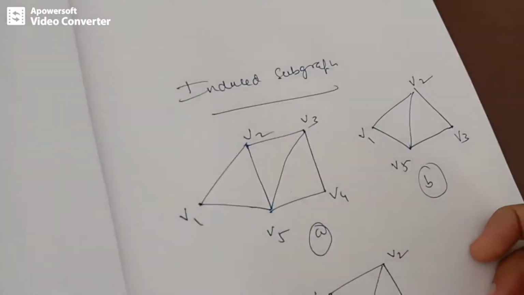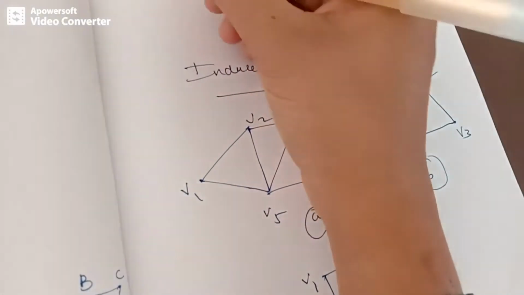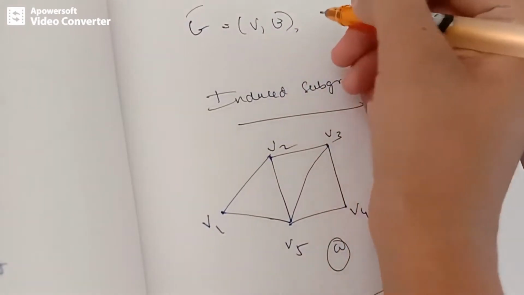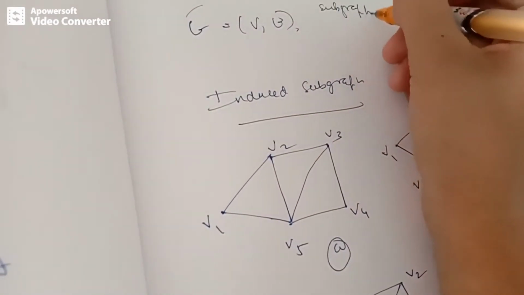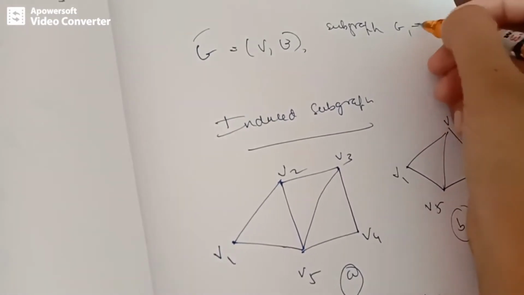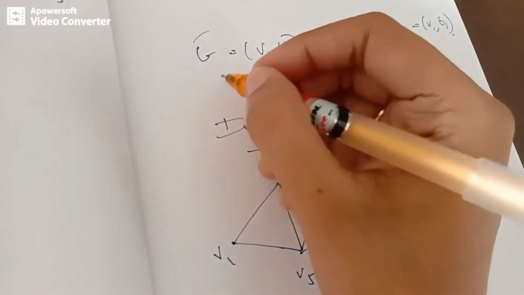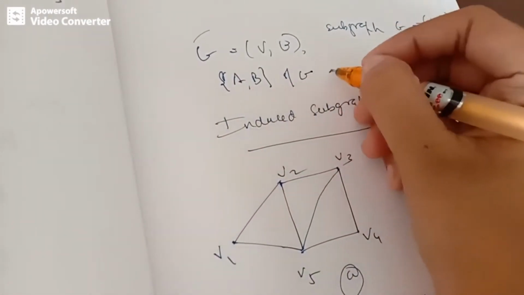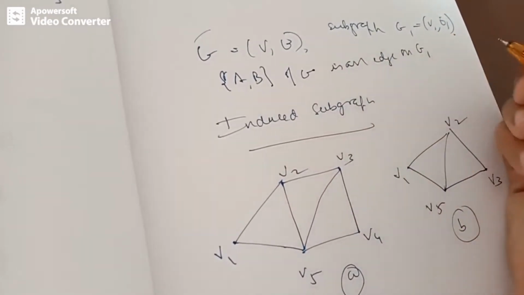Next, let's see about induced subgraph. What is an induced subgraph? Let's say we have got a graph G, which is given by the V comma E pair, and suppose there is a subgraph G1, V1 comma E1 of G, such that every edge A comma B of G is an edge in G1 also.